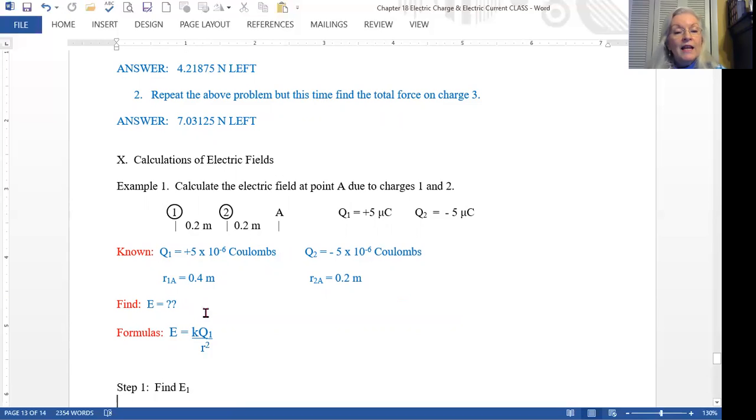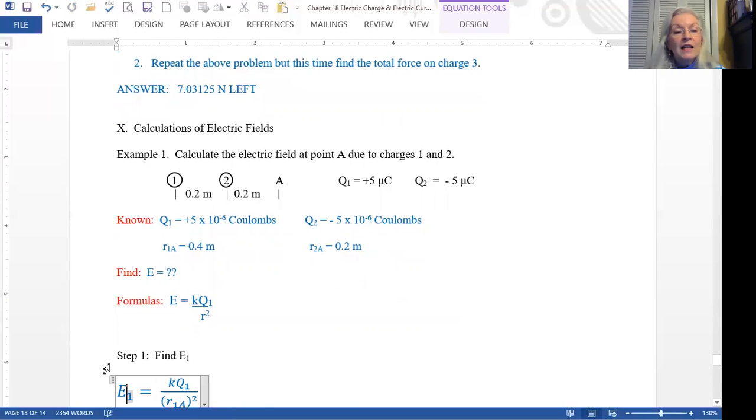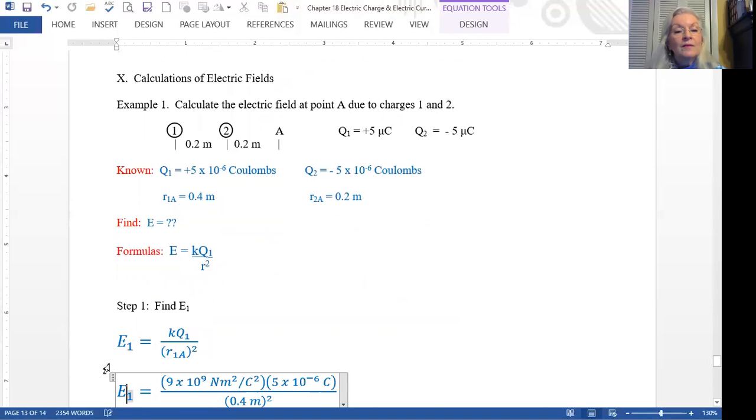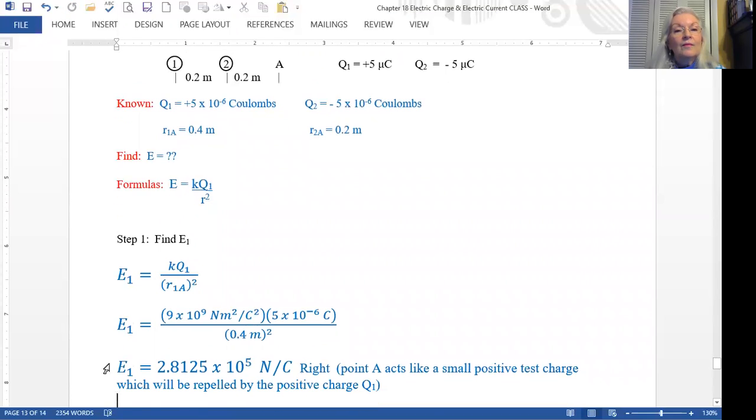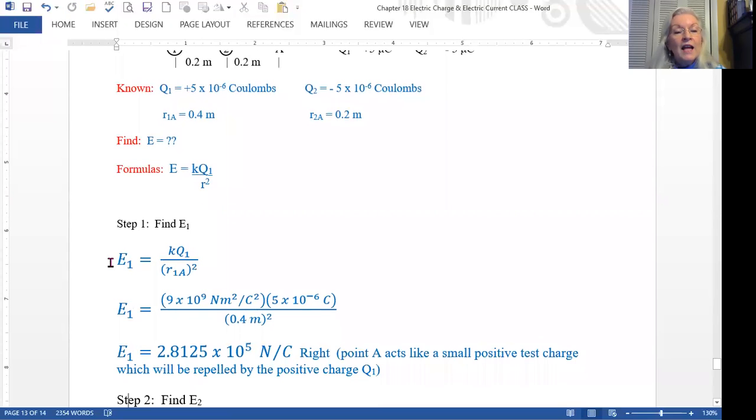We're looking for E, and we know that E is K times Q divided by R squared. So our first step is to find E1. So K Q1 over R1A squared will be 9 times 10 to the 9th newton meter squared per coulomb squared times 5 times 10 to the minus 6 coulombs divided by 0.4 meters squared.